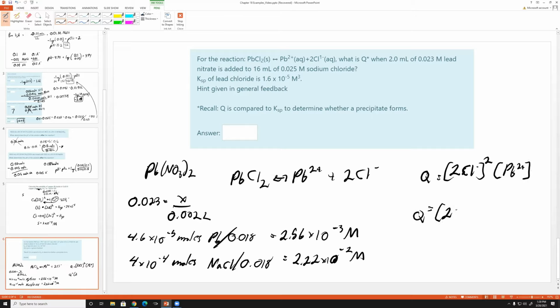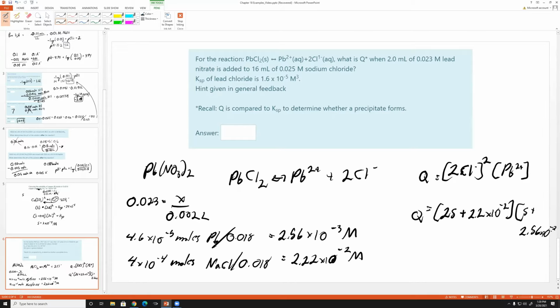It would be 2S plus the chloride concentration that we just added, which is 2.2 times 10 to the negative 2, squared, times our Pb2+, which is going to be S plus the lead that we just added, 2.56 times 10 to the negative 3rd.